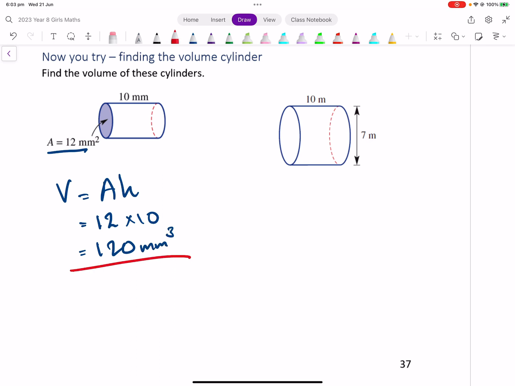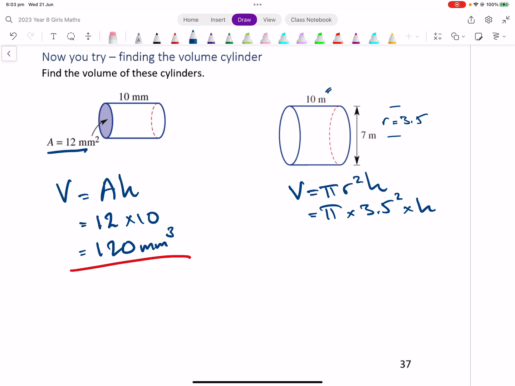Millimeters cubed for volume. I reckon this next one here, that again, they've given us the diameter. I reckon the radius is 3.5. This one, we do need to use that proper formula. Volume equals pi r squared h equals pi times 3.5 squared times 10.